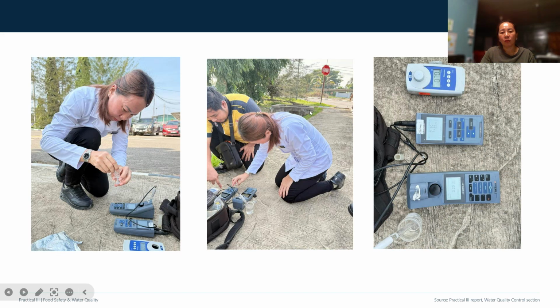Here we're doing some sampling to detect the pH reading, turbidity, and NTU.